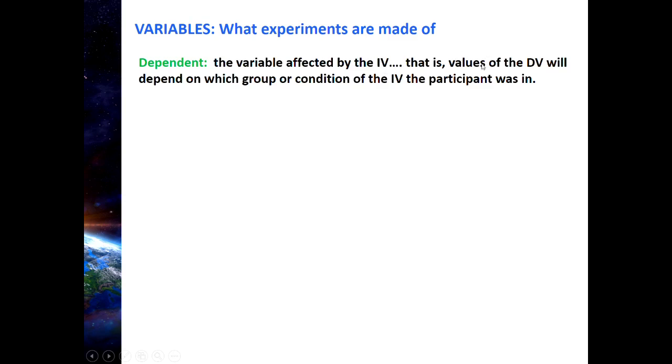Specifically, the different values of the dependent variable, whether you get a high score, low score, whatever, the specific values of the dependent variable will depend on which group or condition the participant was in. So it depends on which level of the independent variable the participant was in. And we're going to go through the same 4 scenarios. This time, we're going to identify the dependent variable in each.